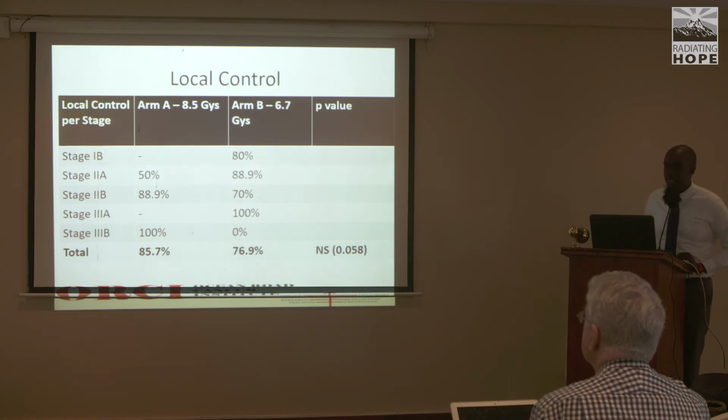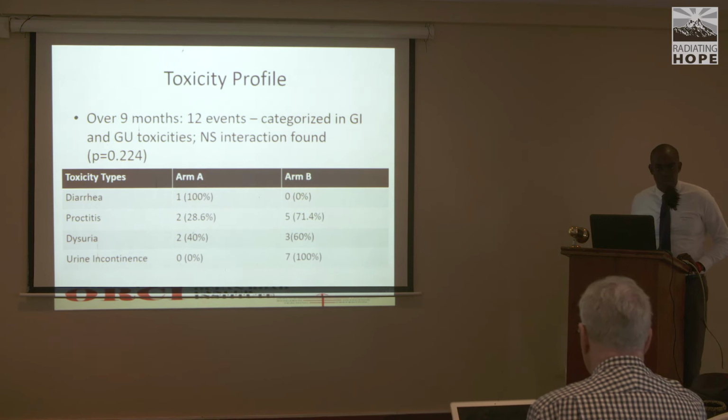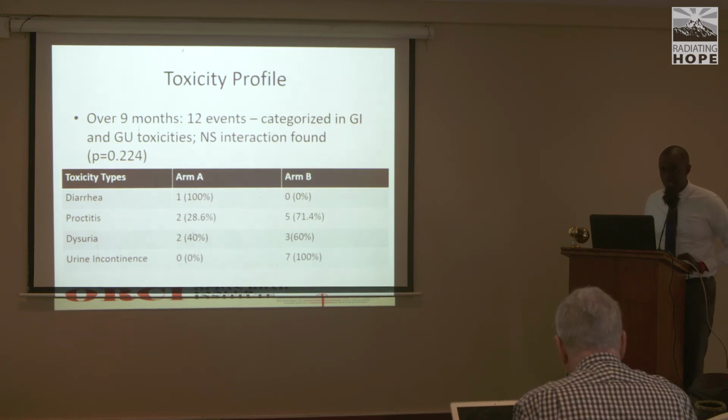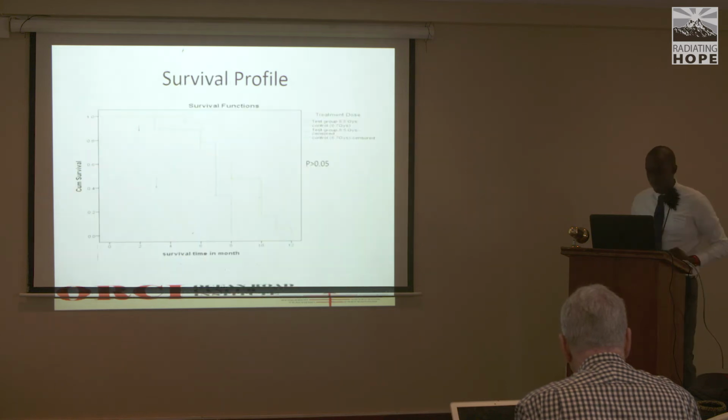There was only a trend of local control for the first arm. The toxicity profile was here, and about 12 events over the 9 months were recorded. We had mostly GI and GU toxicities, and mainly we had much more toxicity on the side of arm B. At the end, the survival profile was here.